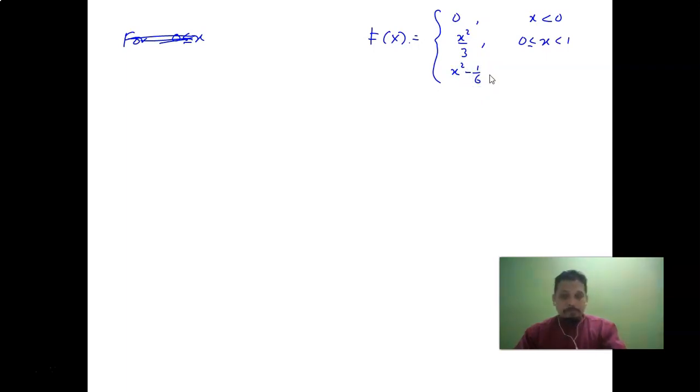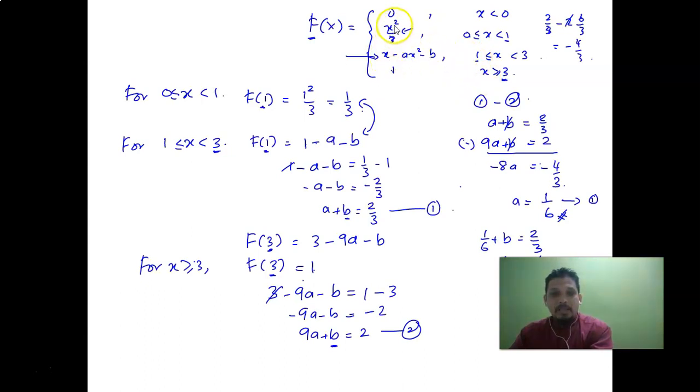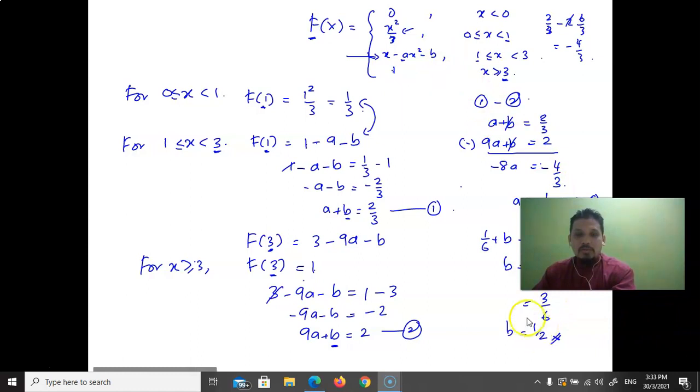So I write here again, F(x) equals 0 for x less than 0, and then x squared over 3 for x between 0 until 1, and then x squared minus ax minus b, where a we just found is 1/6 and b is 1/2.